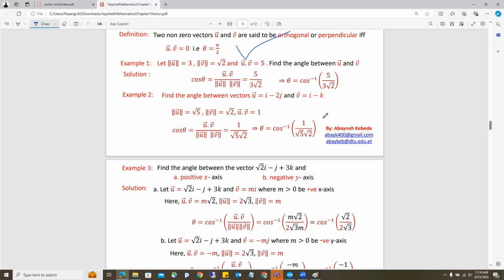What they are saying here: let the magnitude of u equal 3 and the magnitude of the vector v equal square root 2. Then they have given u dot v equals 5.